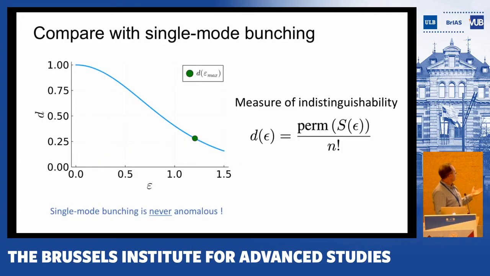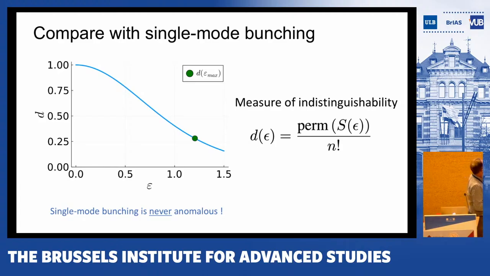So we have anomalous two-mode bunching with even nearly indistinguishable photons. Just before concluding, let me say that this would never happen for single-mode bunching. For single-mode bunching, the trick is that we do not have the permanent of a Hadamard product, but it factorizes. We have a dependence on the distinguishability matrix on the one hand and a dependence on the interferometer on the other hand. These two dependencies are factorized.